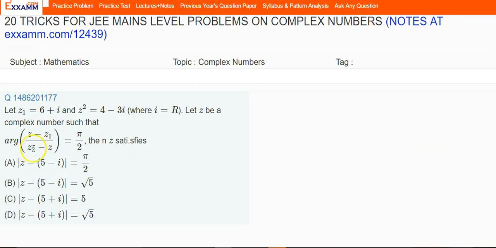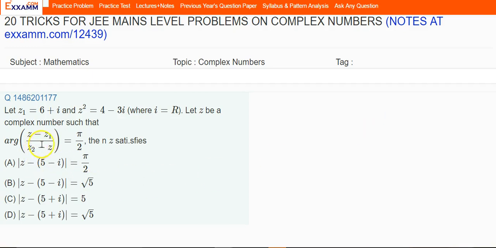So Z1 and Z2 represent the diameter, and Z is a point on the circle which is moving in such a way that this argument is equal to pi by 2. So we have got a circle with Z1 and Z2 and Z on the circumference of the circle.